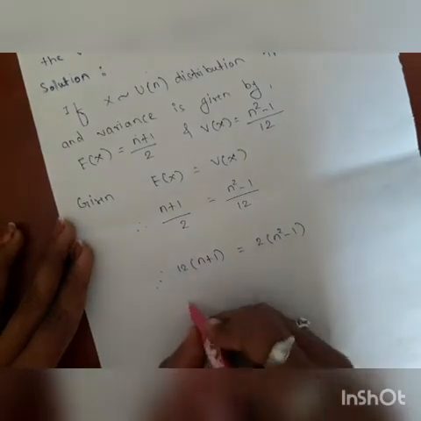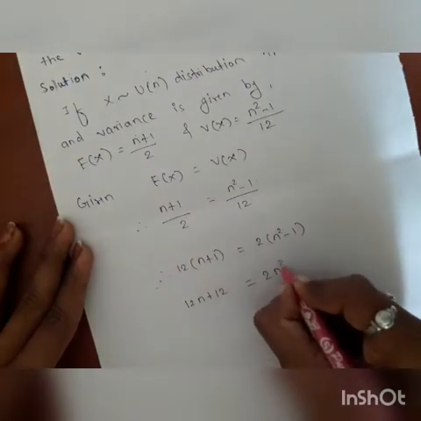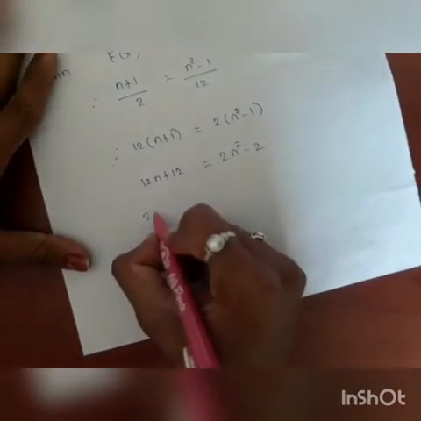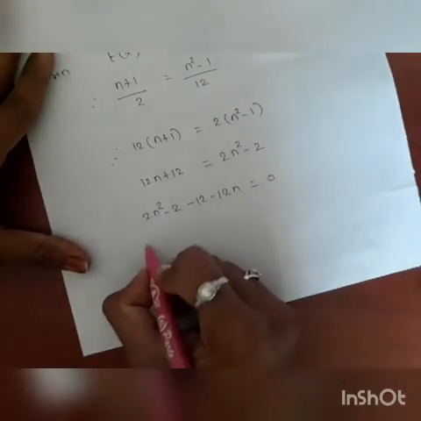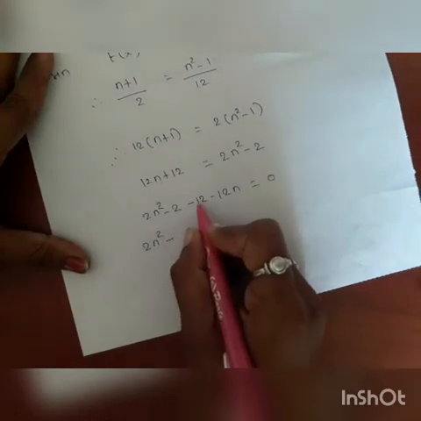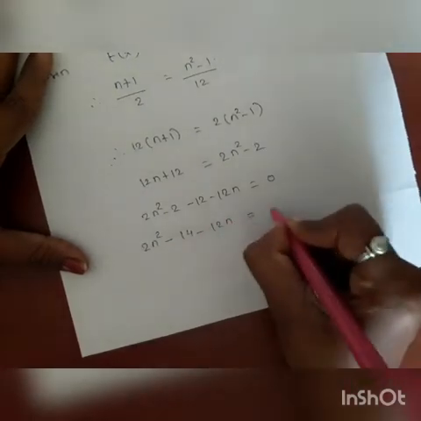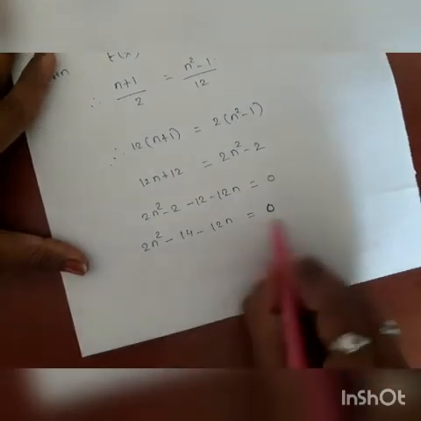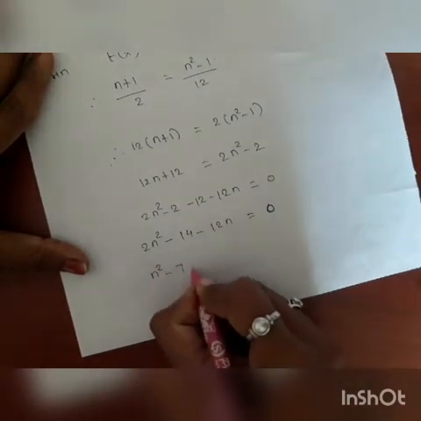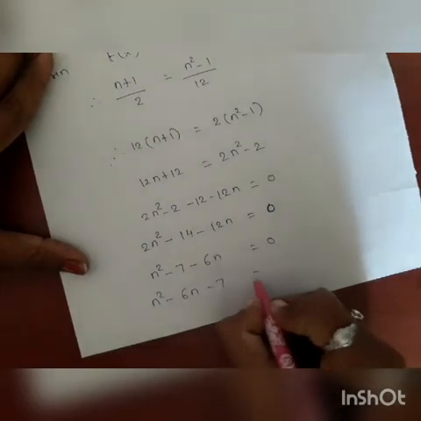So multiply 12 in the bracket, 12n plus 12 is equal to 2n square minus 2. Then rearranging the terms, 2n square minus 2 minus 12 minus 12n is equal to 0. Then 2n square minus 14 minus 12n is equal to 0. Divide this equation by 2: n square minus 6n minus 7 is equal to 0.